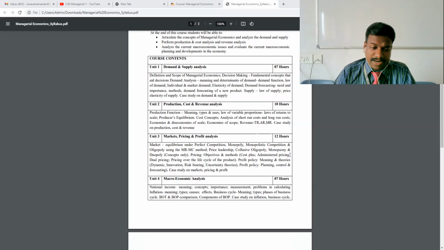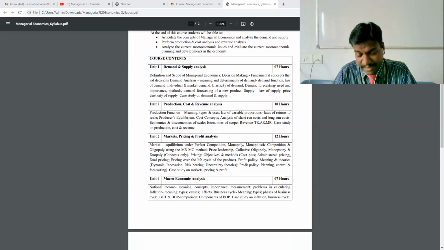You will be able to understand the various macroeconomic variables, such as national income, the measurement of national income, and problems in calculating national income, and what inflation is, what the different types of inflation are, how inflation arises, how it affects the business cycle in the economy, and what the different types of business cycles are.